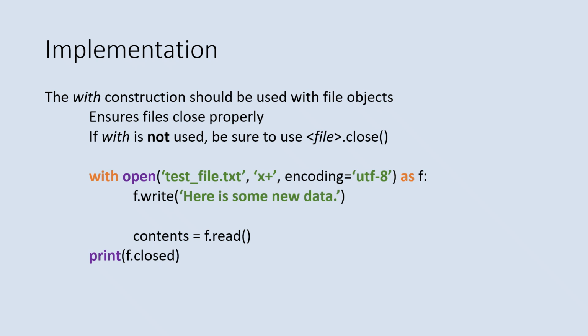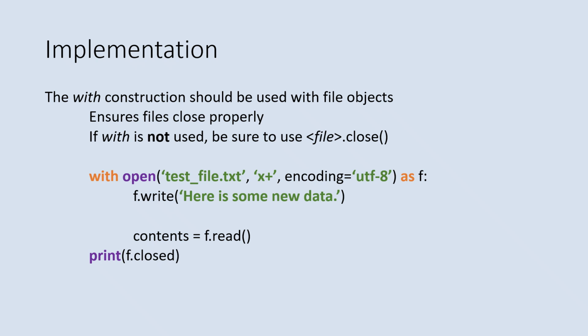But if we end the with construction and check to see whether the file is closed, f.closed is an attribute that will tell us whether the file is actually closed.